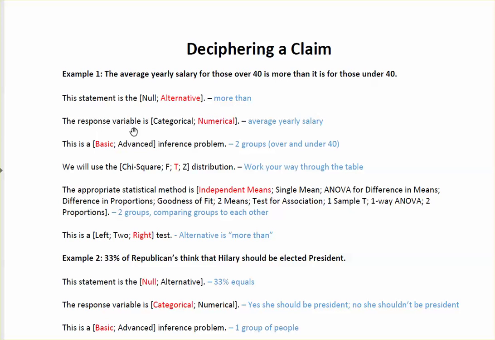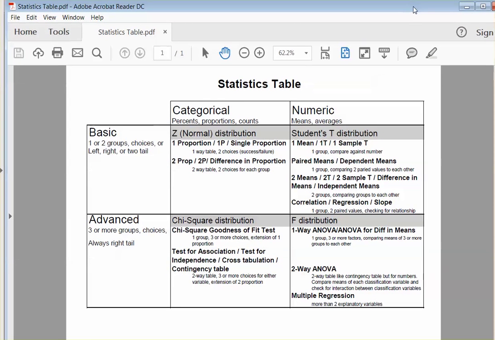The response variable: is it categorical or numeral? Well, because we're talking about the average yearly salary, that's an actual dollar amount. That's an actual number, so we've got numeral. Then, is it a basic or advanced inference problem? For this one, we need to know how many groups there are, because remember, basic is one or two groups or choices, and advanced is three or more.